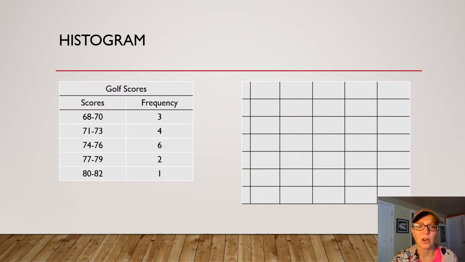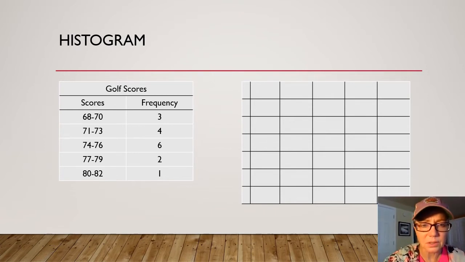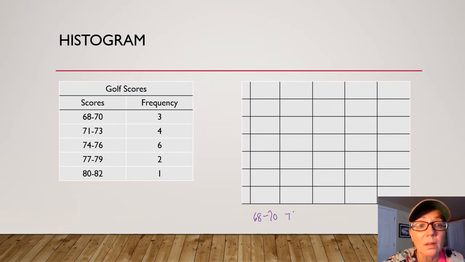Now we're going to turn our frequency table into a histogram. My little video is kind of in the way, but we're going to try to handle it. All right, so you put the class at the bottom of the columns.